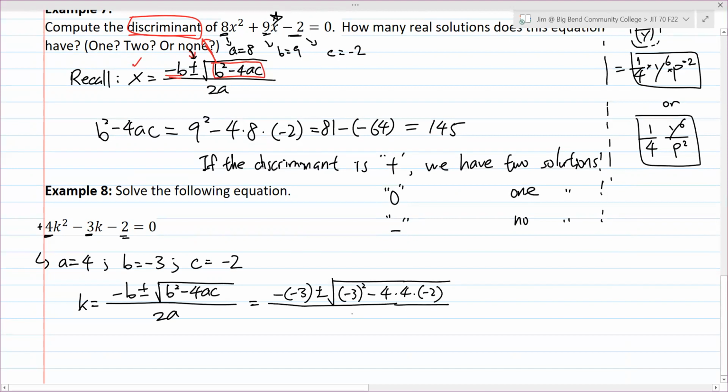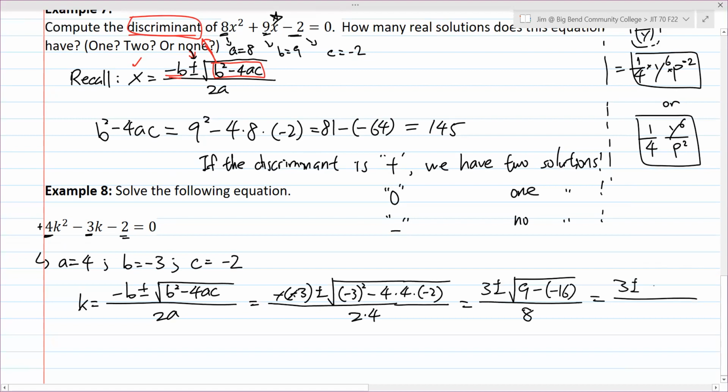Okay, and then we have the denominator, 2a, which is 2 times 4. So negative signs canceled, and then we will have 3 plus minus the square root of 9, and then the second part should be 4 times 4 times negative 2, which gives you negative 16. And then the denominator will turn into 8.